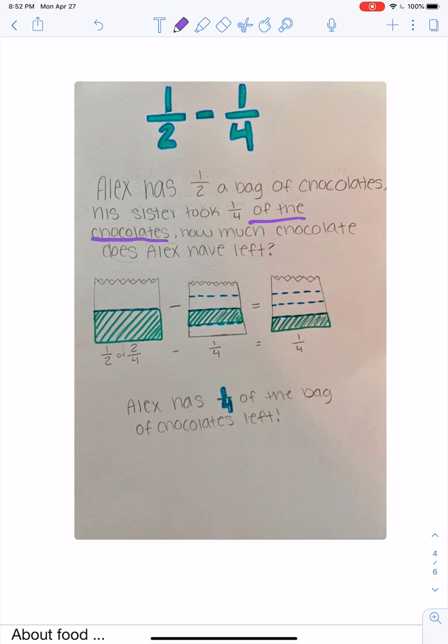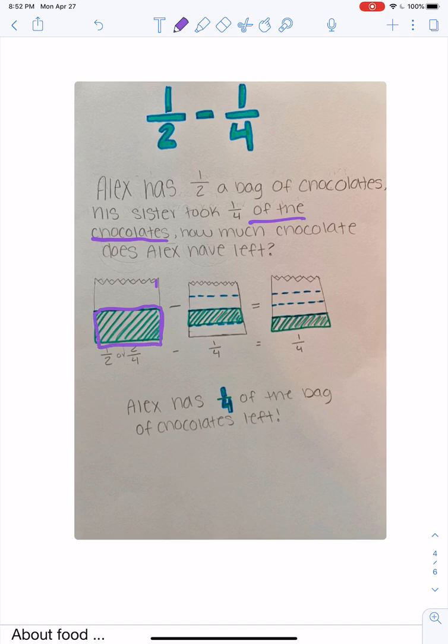And so this is the thing that I want us to reflect on as we're posing stories, which is when we say 1/4 of the chocolates, do we mean these chocolates, like the whole original bag? Or do we mean just the 1/2?